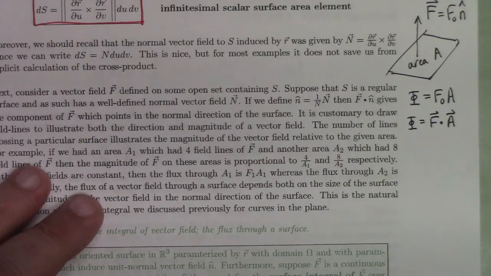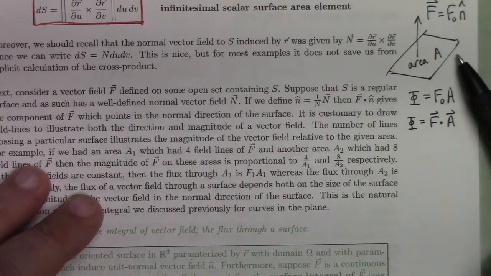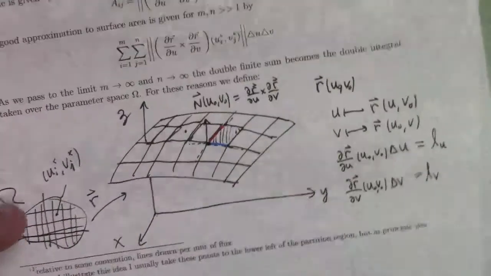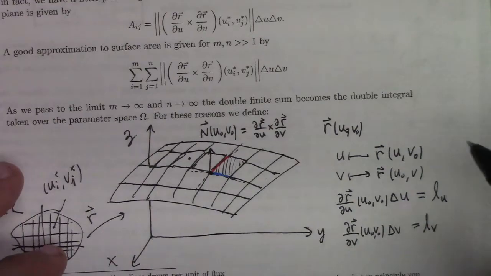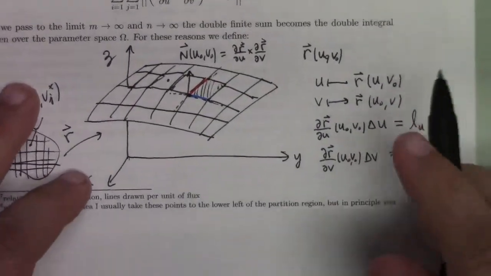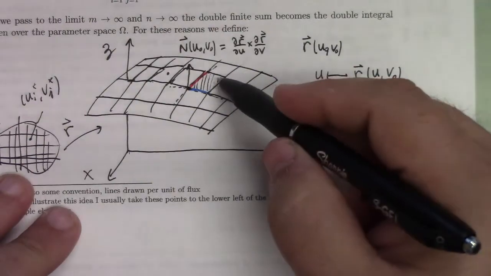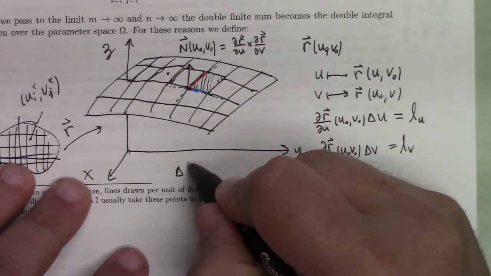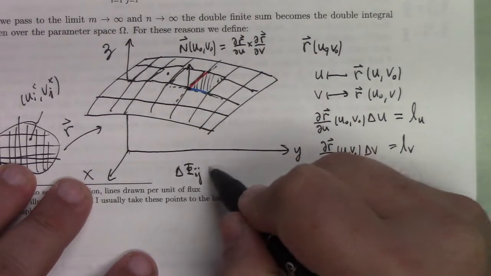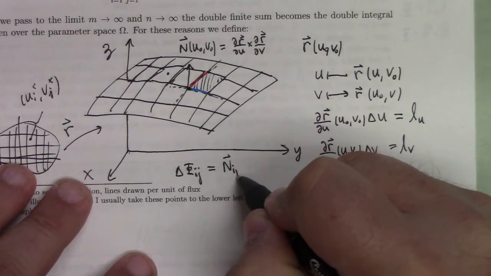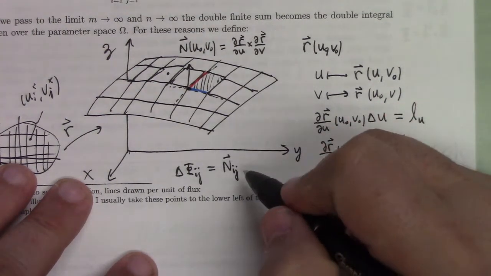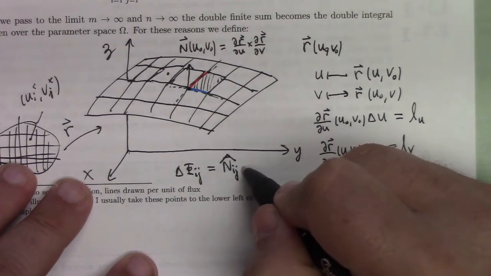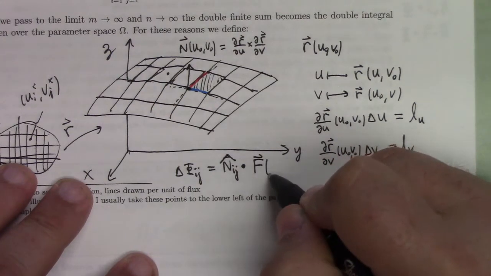In any event, you can go through the same picture as before and add the wrinkle of thinking about a vector field piercing the surface. If you want to calculate the little bit of flux going through one of these little approximating panes, the little bit of flux for the ij piece would be the unit normal at ij dotted with the vector field evaluated at that point.